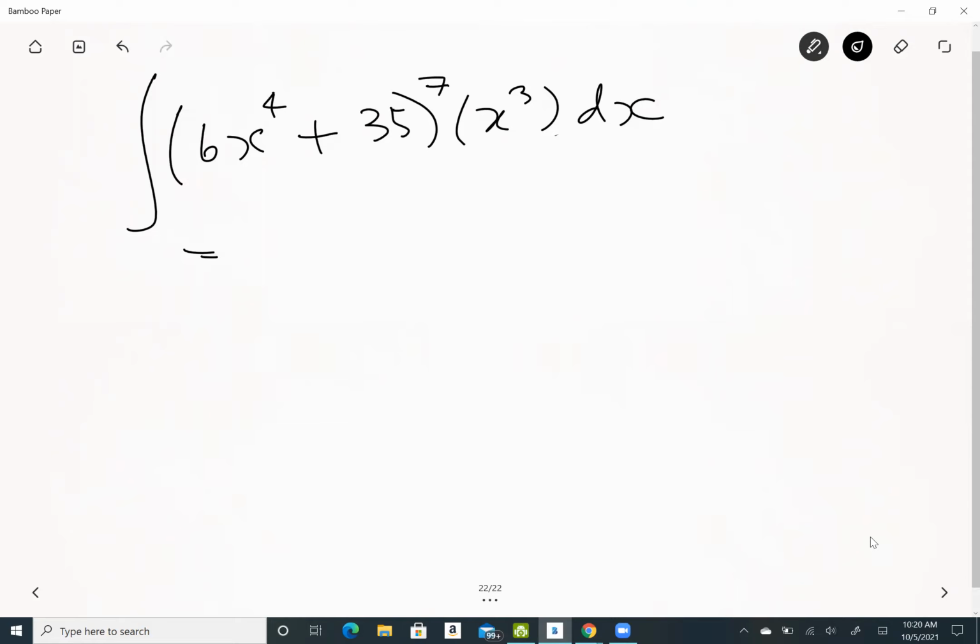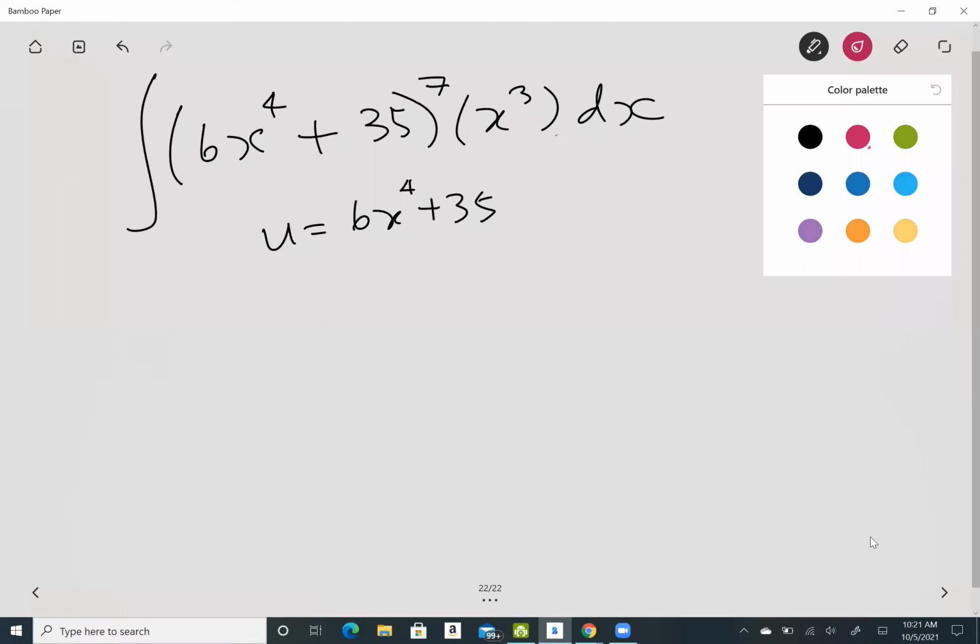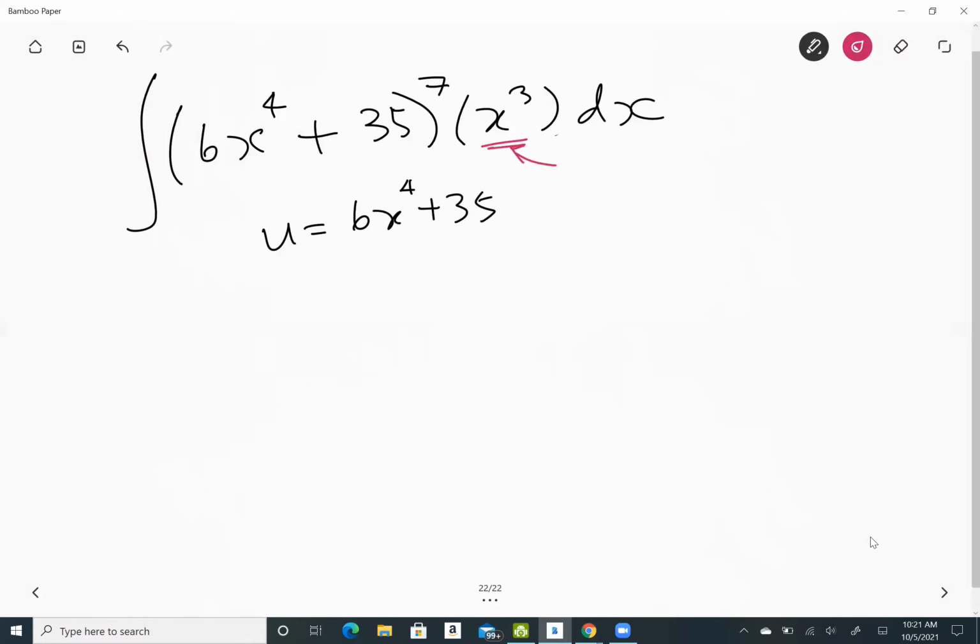Okay, so you let u be the terms in the bracket. So that means u is equal to 6x to the power of 4 plus 35. Now you don't just assume that this thing here is u prime. This is the trick. You have to find it.